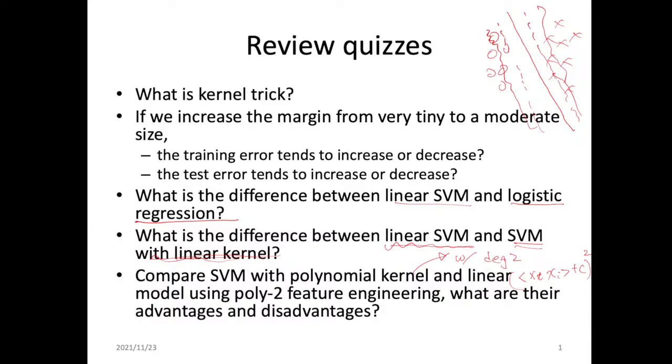So again, they are equivalent in terms of predictive power. But when to use which? That could depend on the characteristics of your features. If your features have a lot of zeros, then perhaps using the polynomial two feature engineering could be more efficient in terms of training and testing.